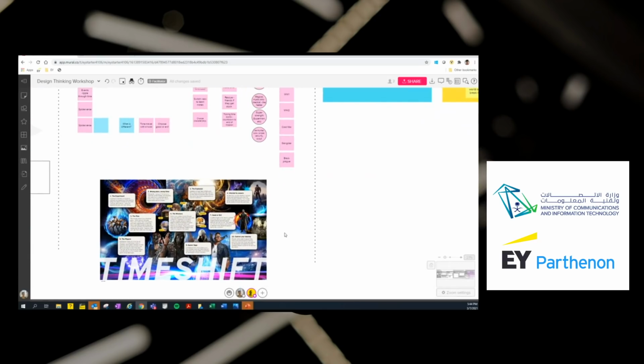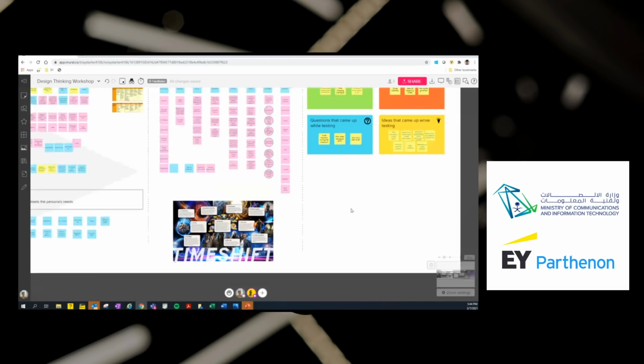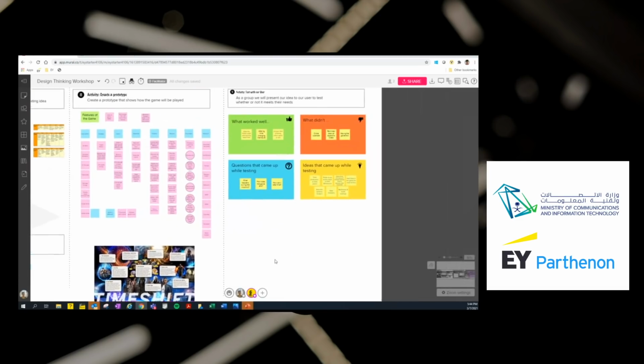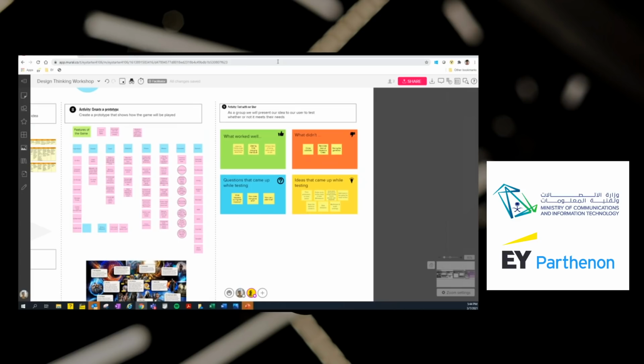These were the same gamers that we interviewed at the start. We got some great feedback that we can now use to tweak and improve our game. So this is the circle of the design thinking process that we went through, and what you can expect to see at this session is how we use the design thinking process to actually design an e-game.